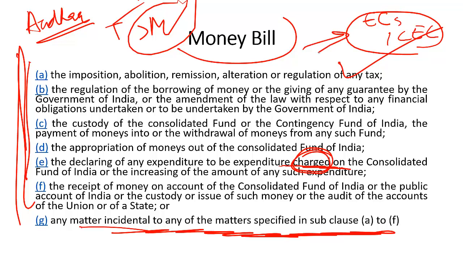But Arun Jaitley, the finance minister, justified the introduction of Aadhaar as a money bill on the grounds that, look at the G clause under Article 110. Any matter incidental to any of the matters specified above. He says that since Aadhaar talks about the dispersal of subsidies, the dispersal of benefits to the people of this country, where will this money come from?